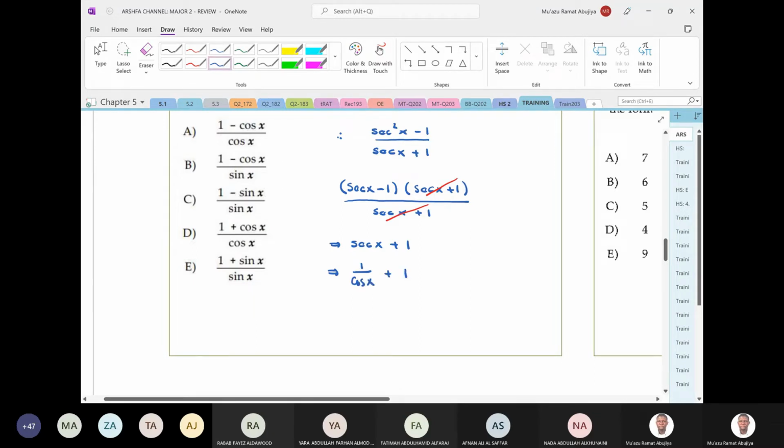Now, when you take the LCD, what do we get? We are going to get 1 plus cosine of x divided by, of course, cosine of x. Now, this is minus because we cancel the positive, so we are left with minus.